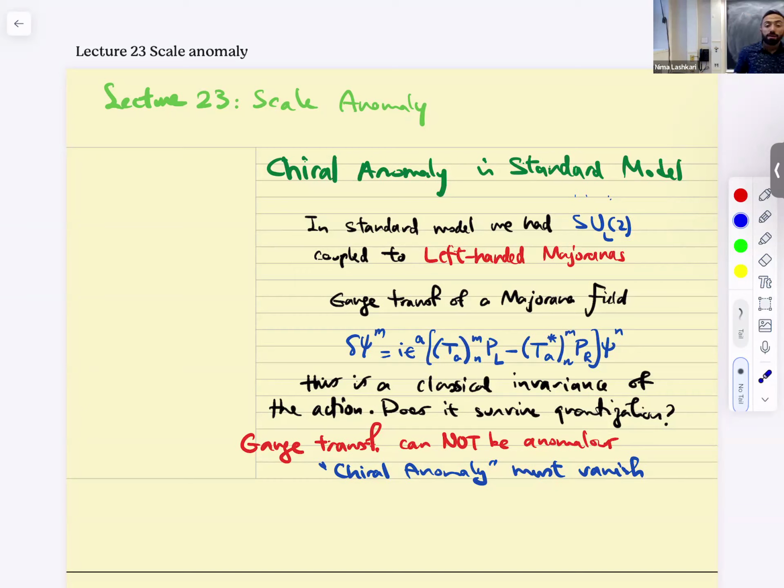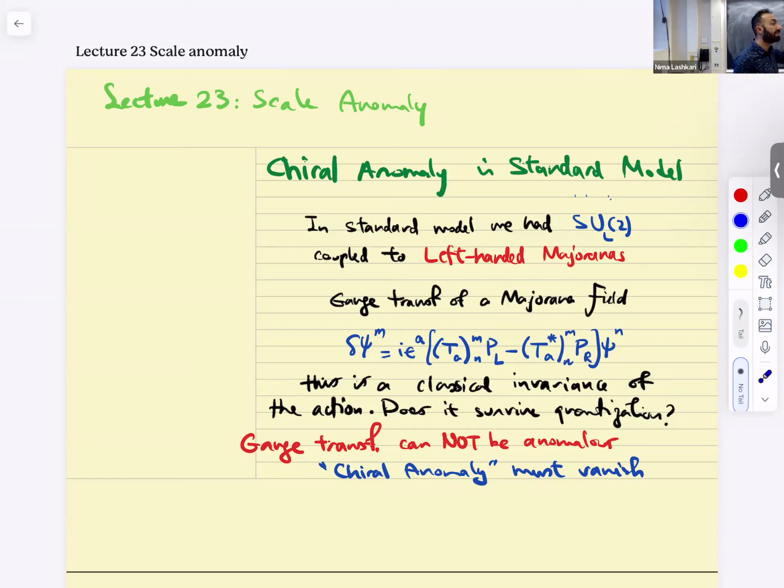All right. Okay, so in the standard model, we had an SU2 left coupled to left-handed Majorana fermions. In particular, more important than this, in the standard model we had the massless fermions, right? So every time you have massless fermions, before spontaneous symmetry breaking gives them mass, the action is massless. You could have chiral anomaly because we discussed massless QED has two transformations, right?